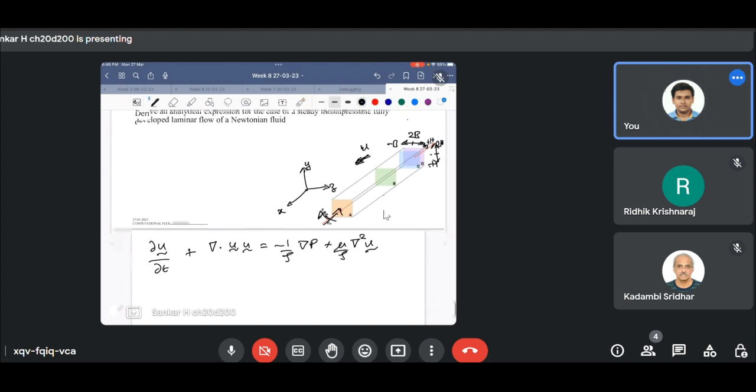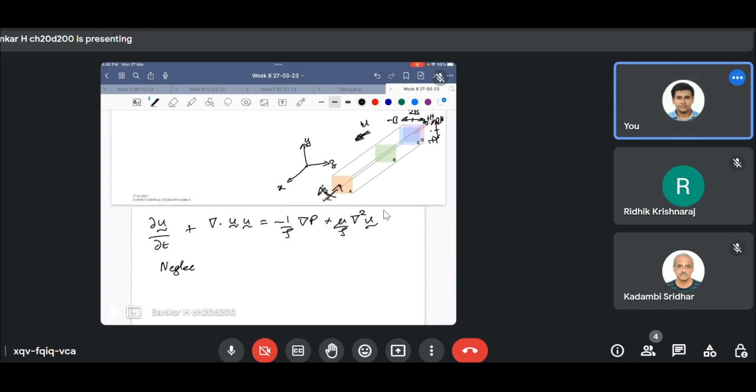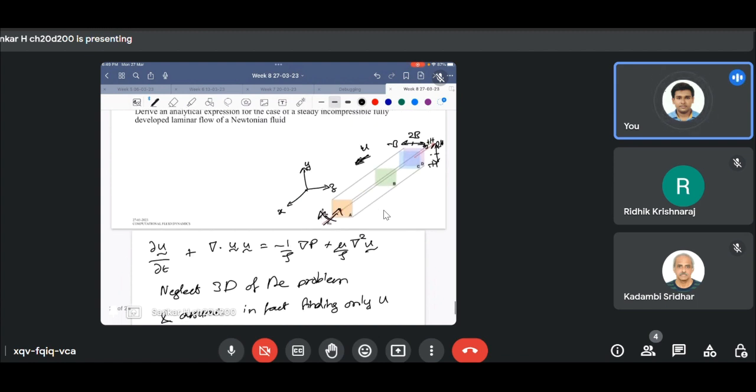So let us first neglect the three-dimensionality of the problem and assume that we are in fact finding only u, and neglecting the velocity in the y direction and the velocity in the z direction, v and w.